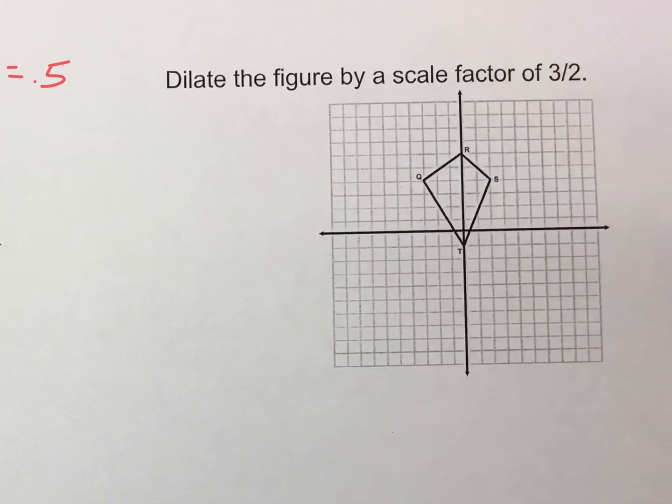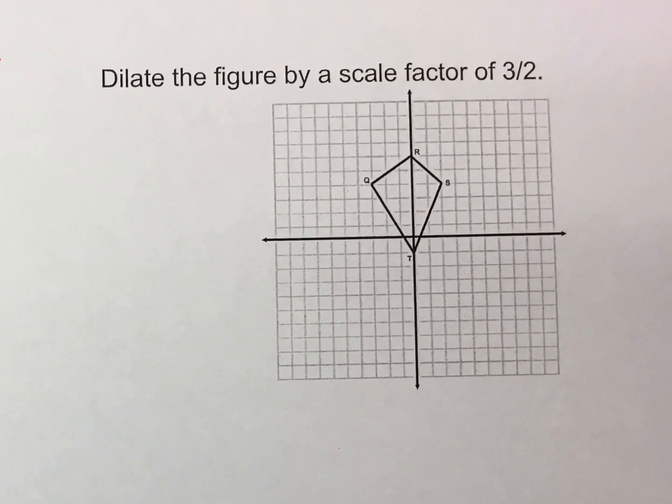I want you to think to yourself first, real quick. Again, it says dilate, so we're either getting smaller or bigger. I want you to think to yourself whether you think it's an enlargement or a reduction. That'd be 1.5. That's more than 1. Okay, so 3/2. Some of us see it automatically, that's a fraction, that's a reduction. Can we automatically assume that?